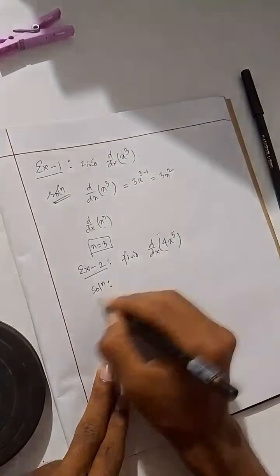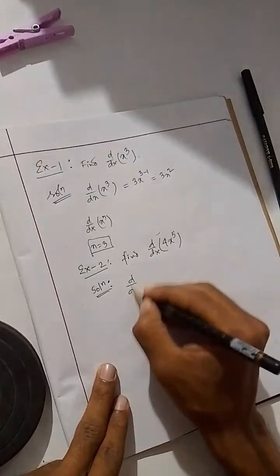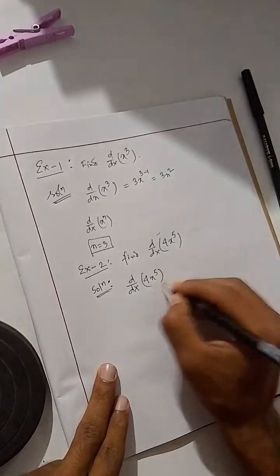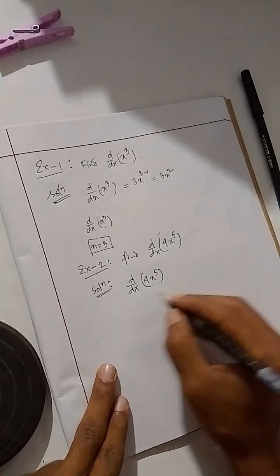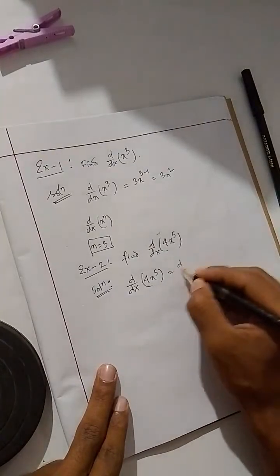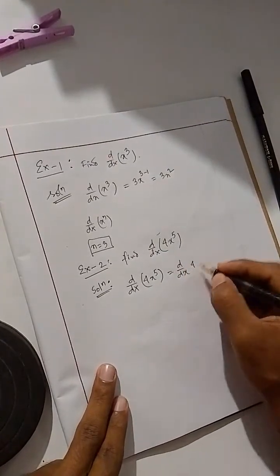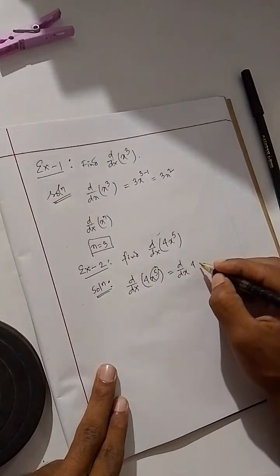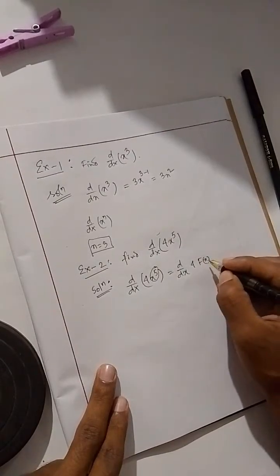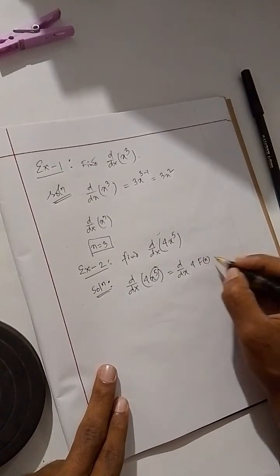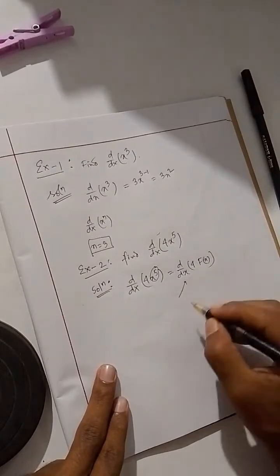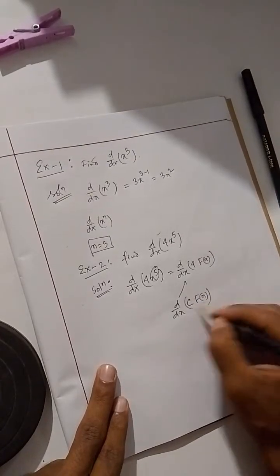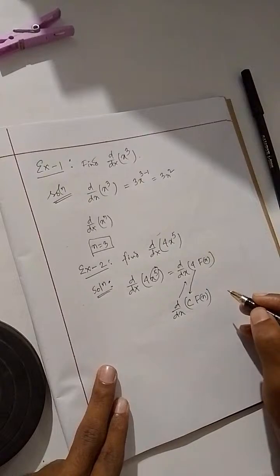So the solution is d/dx of 4 times x to the fifth. This can be written as d/dx of 4 and this x to the 5. X to the 5 is a function in x, right? So this looks like d/dx of c times f of x, because this 4 is a constant here.